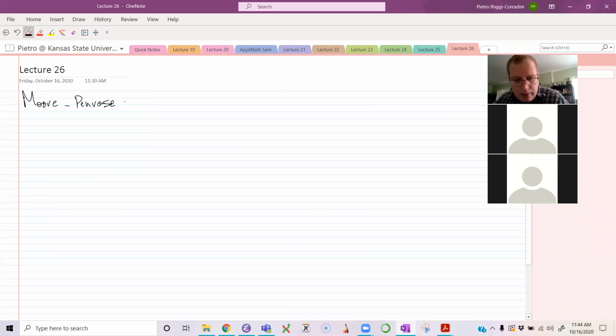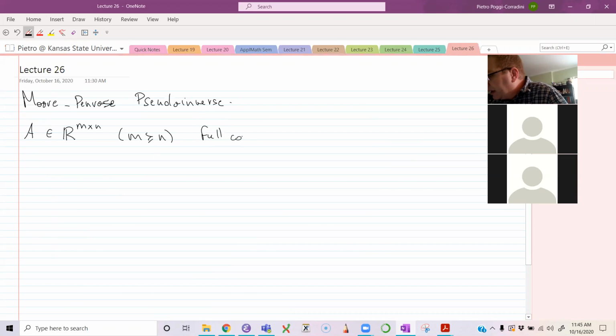It might be a different Penrose. Okay, so suppose you have a rectangular matrix. For simplicity, let's assume that we have more rows than columns, and you can handle the other case separately. And also, let me assume that it's full rank, full column rank.